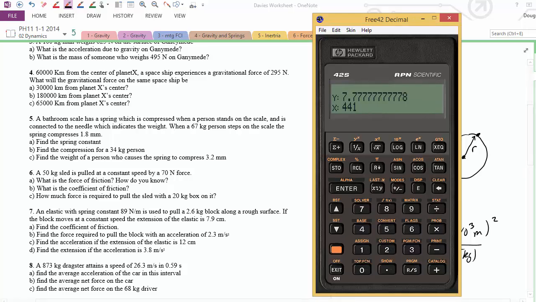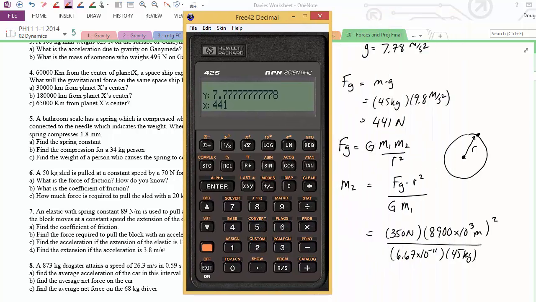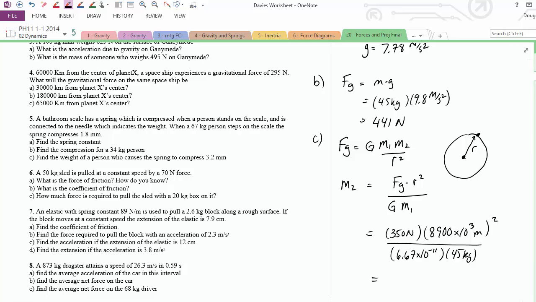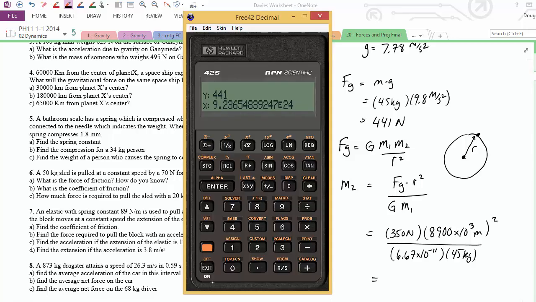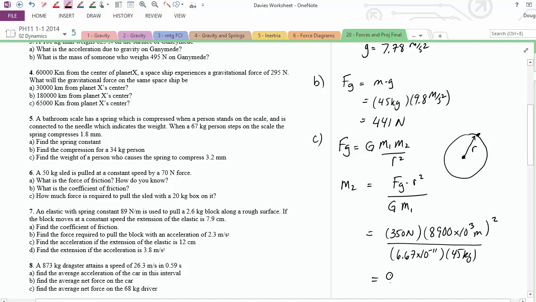So let's put that in my calculator here. 350, enter, square that, multiply it, divide by that, and divide by that, and I get 9.24 times 10 to the 24 kilograms.